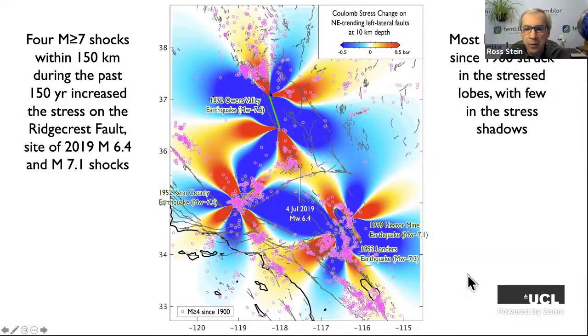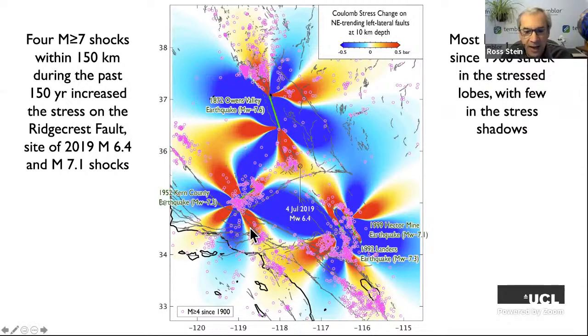If you superimpose earthquakes of magnitude 4 for the last century, you see that most of those earthquakes are occurring in the red zones. Not all, but most. And that's remarkable, that earthquakes over this 100+ year period could be controlling the entire seismicity pattern for Southern California.